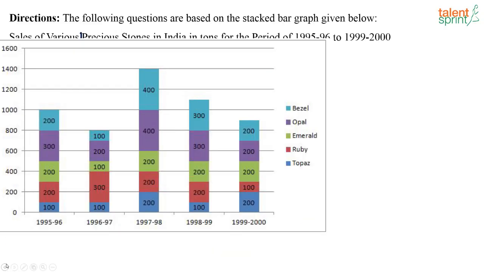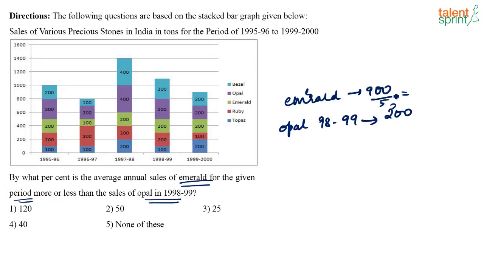So first let us see what is the sales of opal in 1998-99. What is the sales of opal in 1998-99? It is 300, right? So opal is 300. So this is 300. So opal in 98-99 is how much? It is 300.